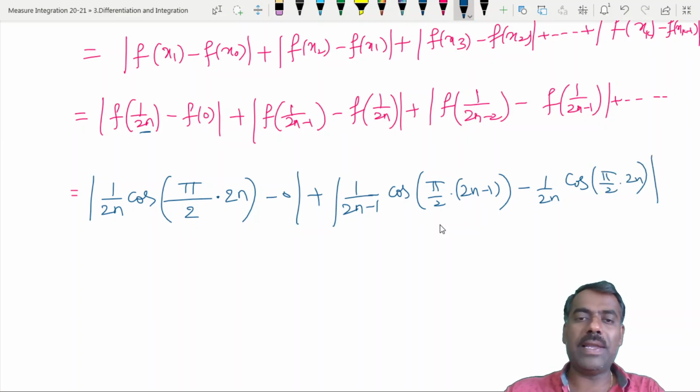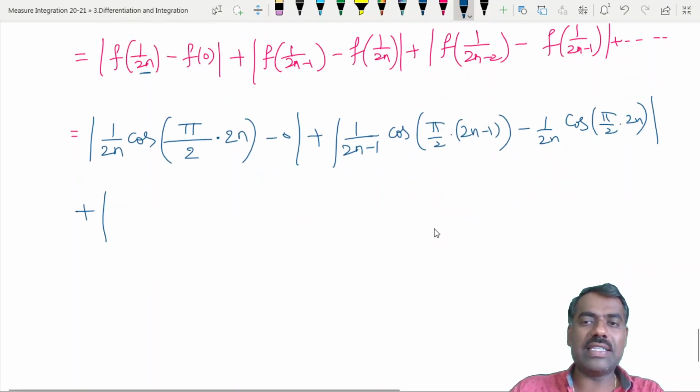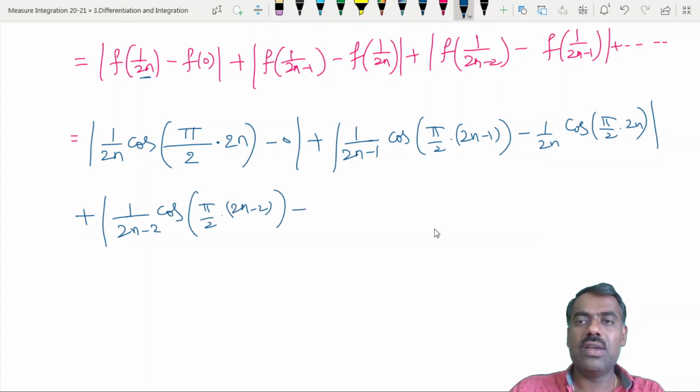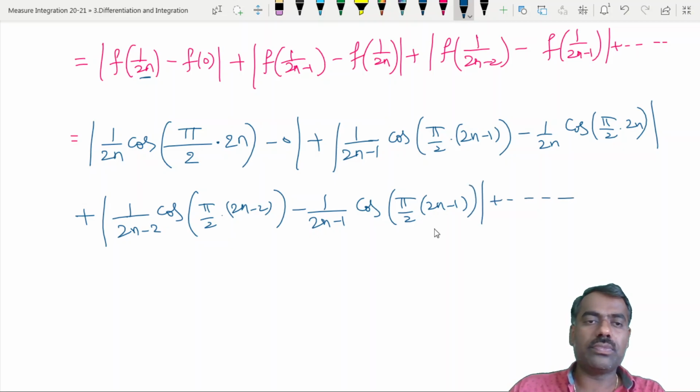Plus we'll write one more term so that you understand. The next term is f of 1 by 2n minus 2, which is 1 by 2n minus 2 into cos pi by 2 into 2n minus 2, minus f of 1 by 2n minus 1, which we have already calculated, 2n minus 1 cos pi by 2 into 2n minus 1. Plus and so on. Whatever the last term is, you keep it; it is not a problem.